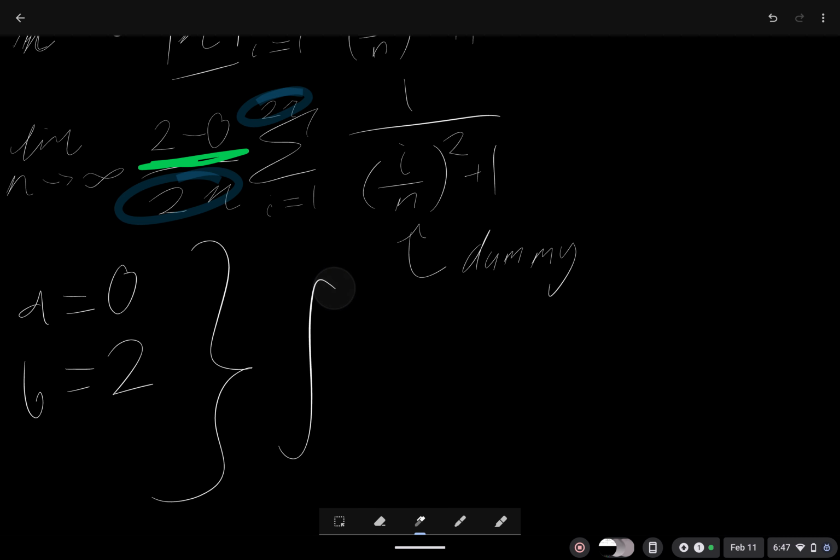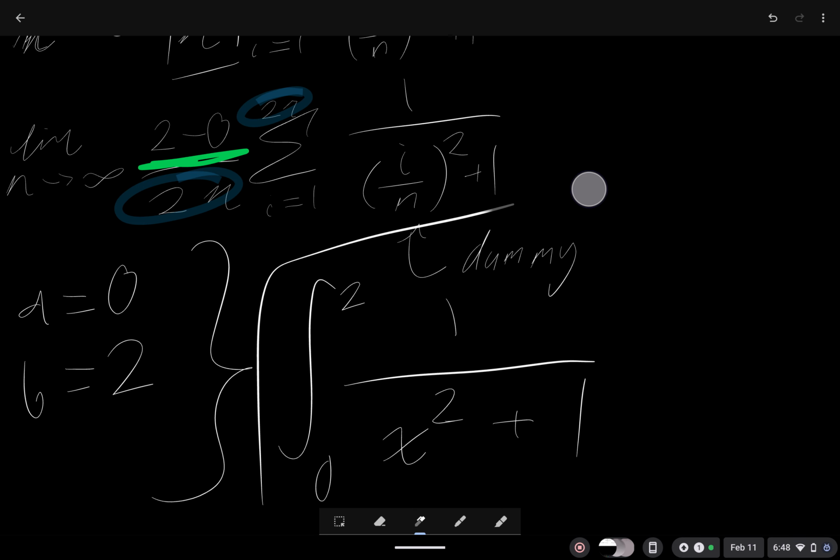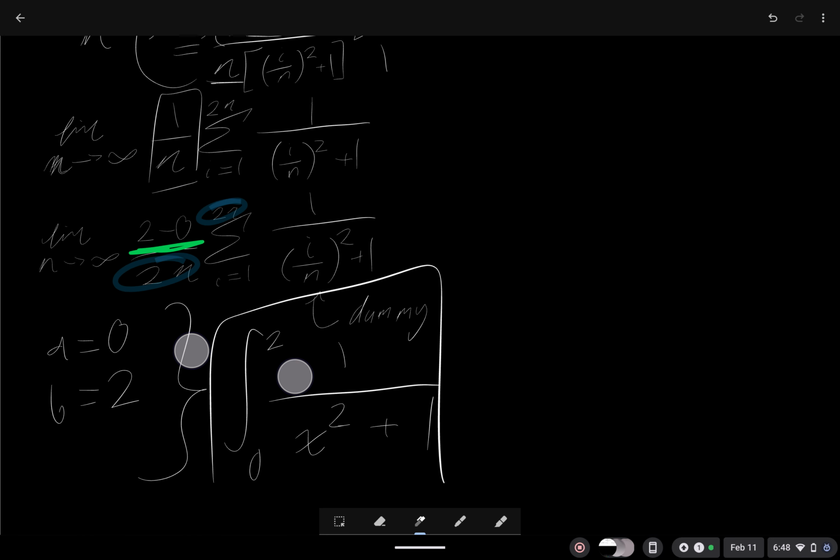We have the integral from 0 to 2 of the function 1 over, now we're going to use x from our dummy variable in the previous expression, x squared plus 1. You may notice that this integral is actually the identity for arctan.